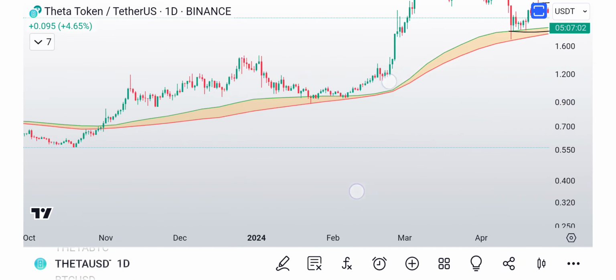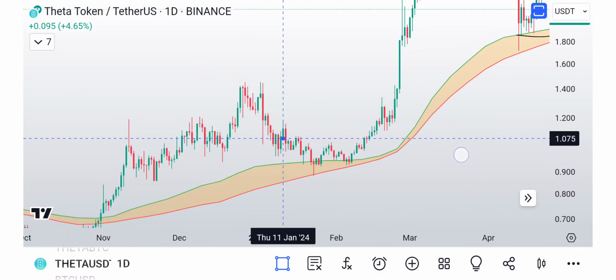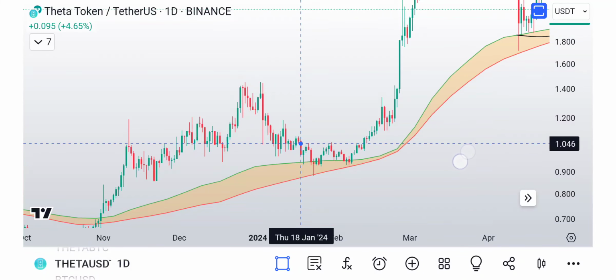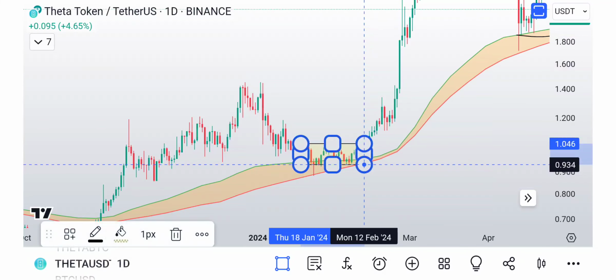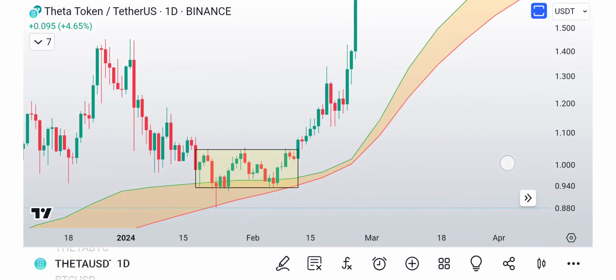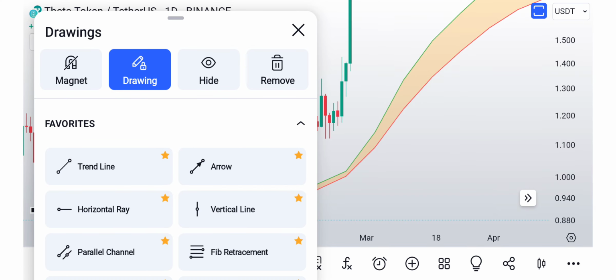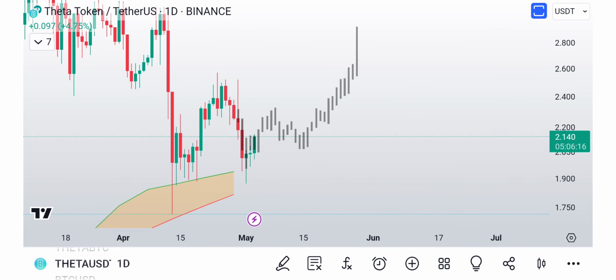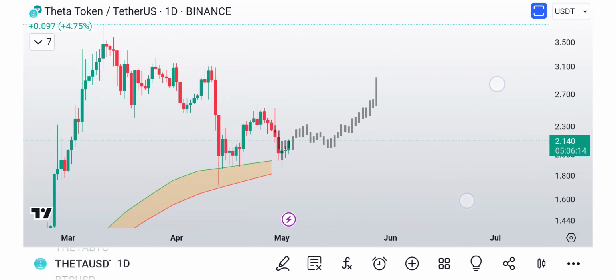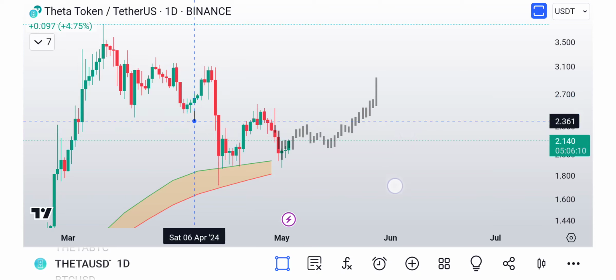Now, that's kind of what happened down here. We developed a base. You could see right about there, we developed a base. So if I just take a simple bars pattern to get a rough idea of what that would be, maybe something like this, that would actually qualify as a nice base in here.